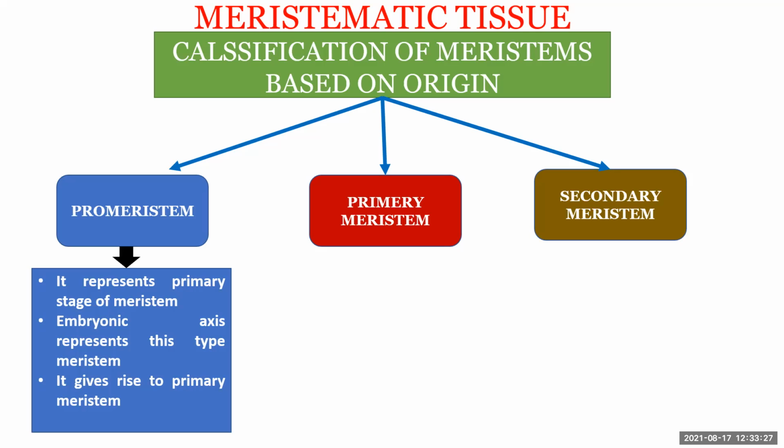Each cell of the embryo has the capacity of division, so the cells or tissue present in the embryo is considered as meristem, called promeristem or primordial meristem. Promeristem gives rise to primary meristem.